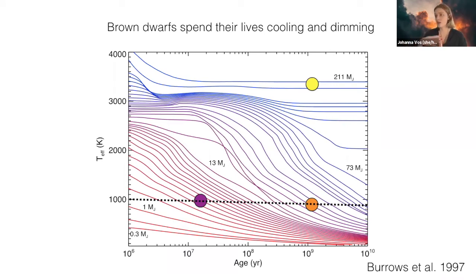If you measure the temperature of a brown dwarf you see in the field, you can't tell the difference between a really high gravity brown dwarf that's old or a really low mass brown dwarf that's young. So we always need additional information about an object's youth if we want to figure out its mass. And I'll get back to that a little bit later.